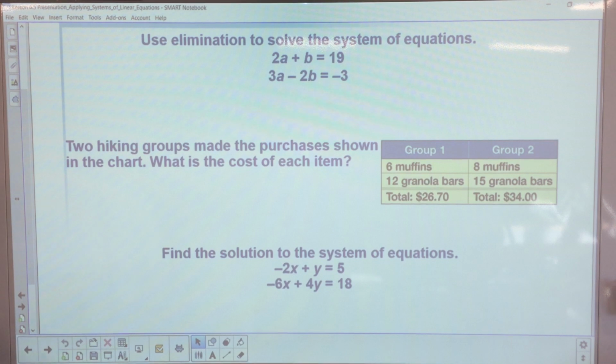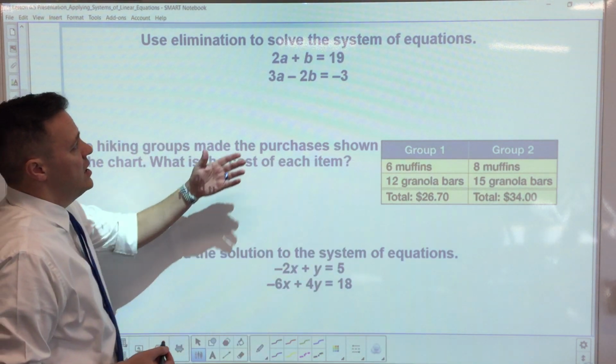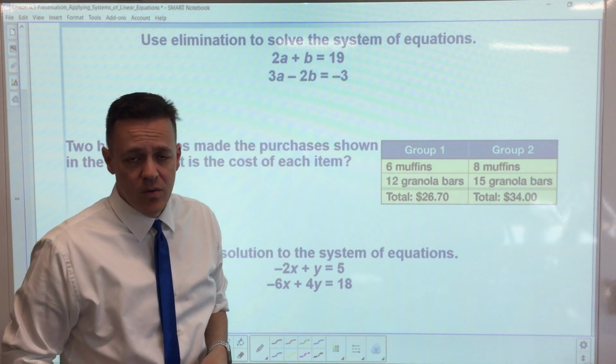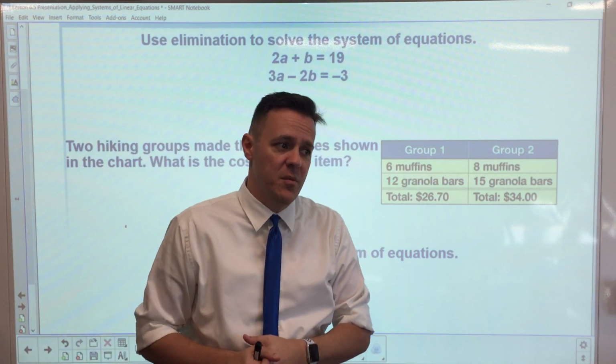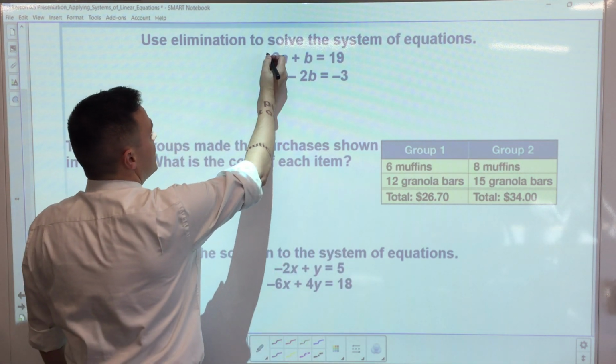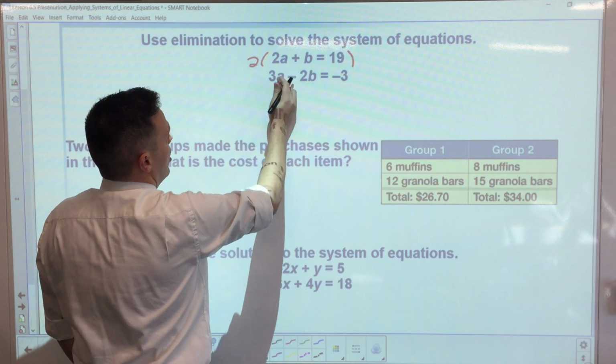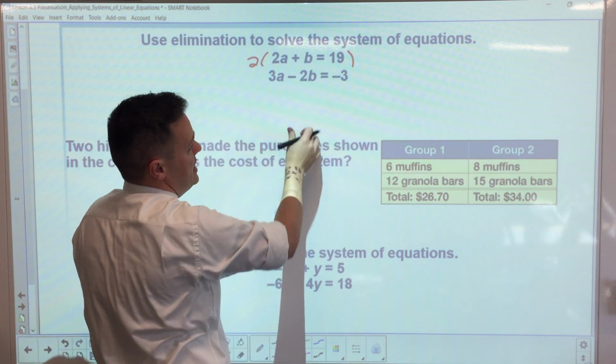All right, so if you look at these guys, here's the big key factor for you to take away: what's the simplest way to solve this? Well, all of these, the simplest way is graphing, but if I don't give you decimals, what's the alternative? And on this one here, you would multiply this top, the quickest way, by 2. The reason is then you could cancel out the b's pretty simply.